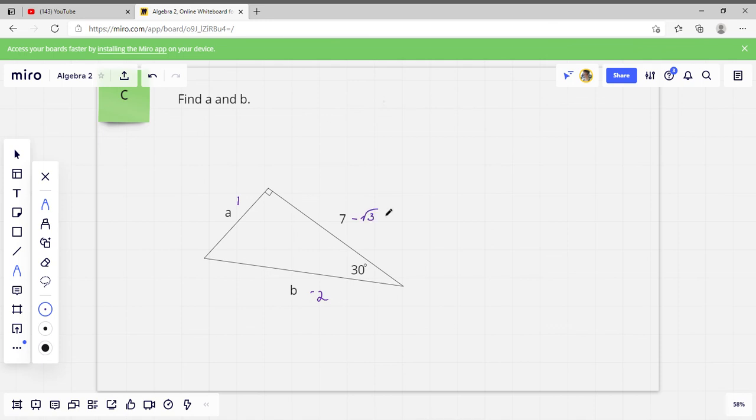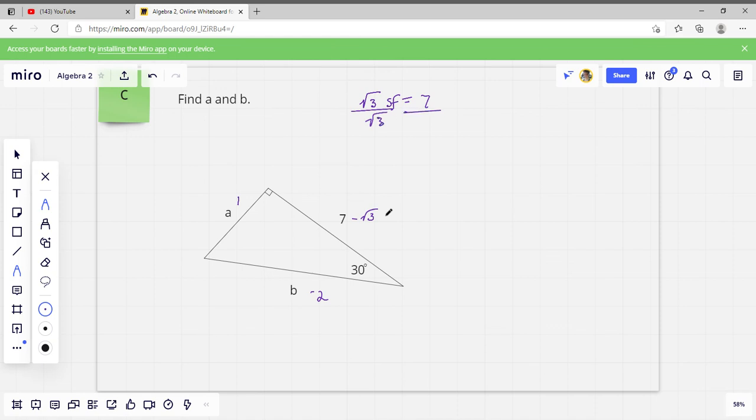So we're going to say 7 times our scale factor equals the square root of 3. No, let's go the other way. We're going to start with our 1, 2, square root of 3. So square root of 3 times the scale factor equals 7.